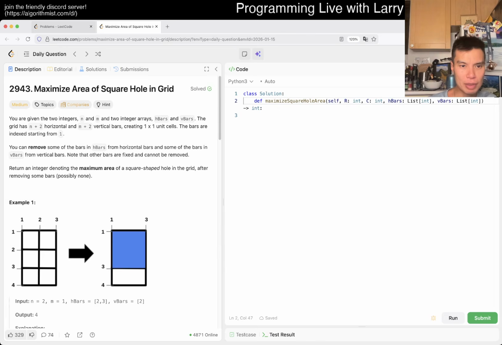What was this move? What is h bar? What does this problem mean? I don't get it.